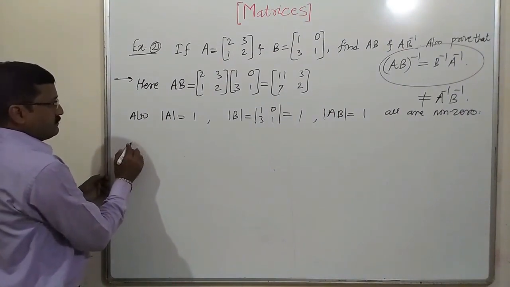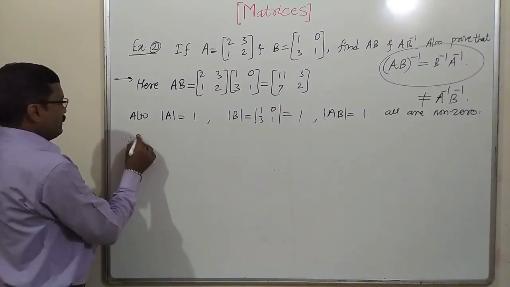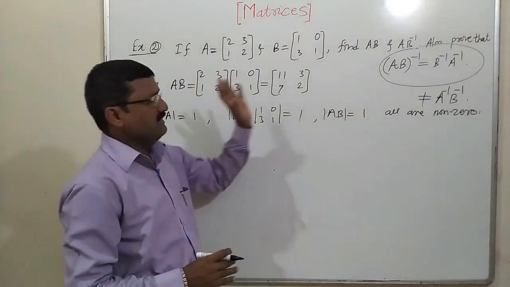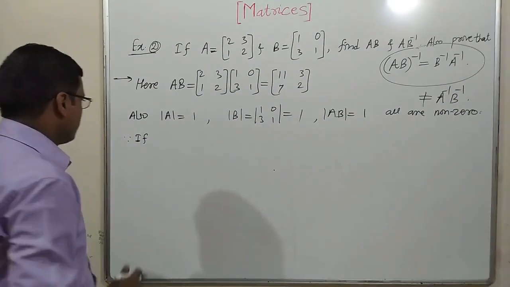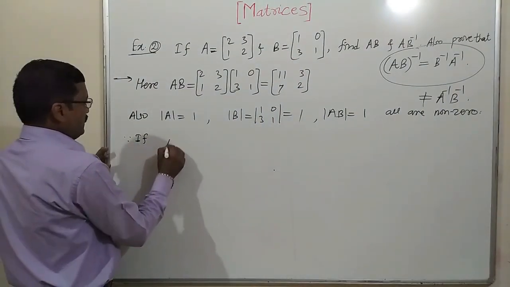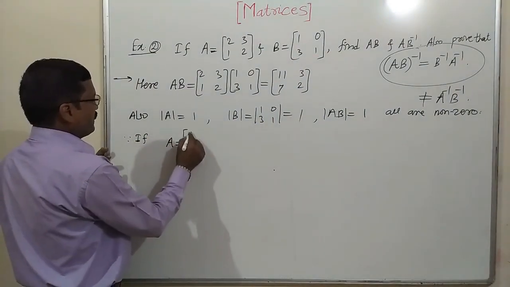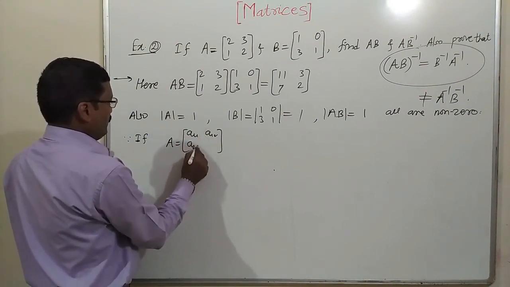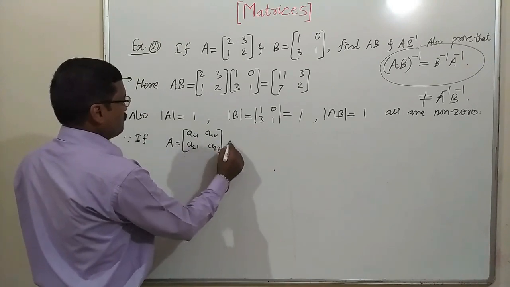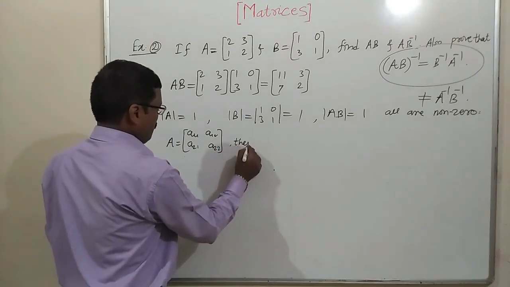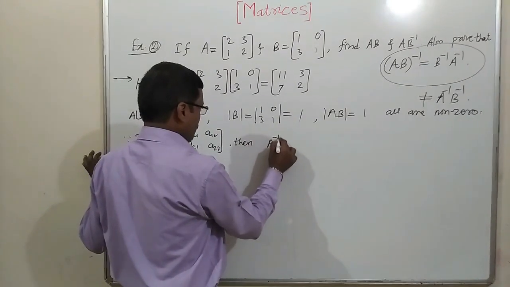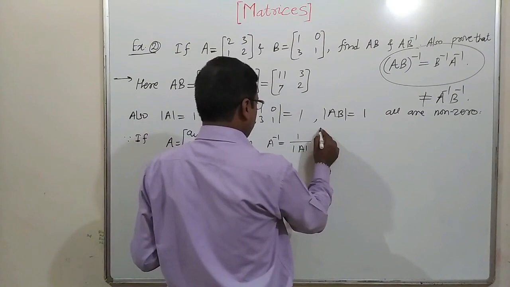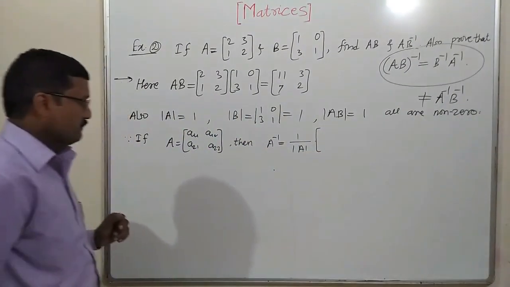Here I will write the formula only, and from that formula we can write A inverse, B inverse and AB inverse directly. If matrix A is A11, A12, A21, A22, then its inverse, A inverse, is equal to 1 upon determinant of A into, how to remember this?